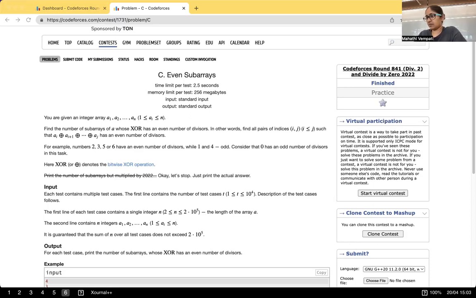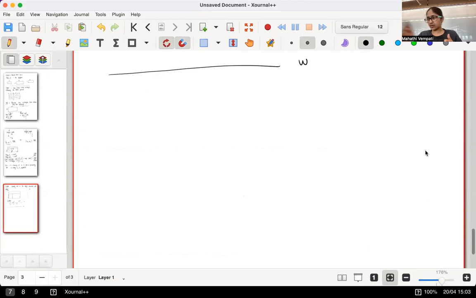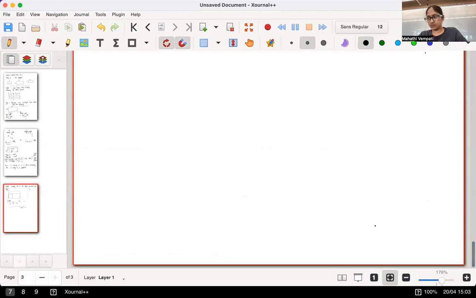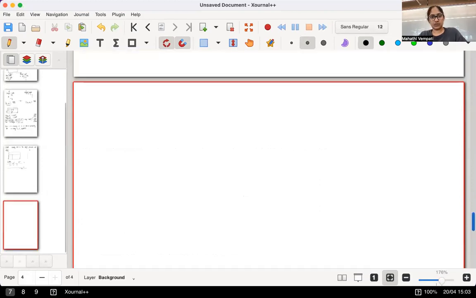So let me state the problem. Okay, so I'll try to implement the previous problem when I'm able to see the editorials. Right now I'm just trying to explain this other problem.